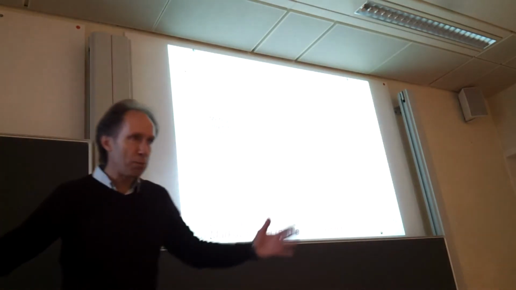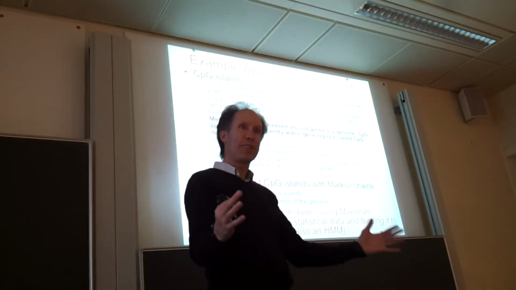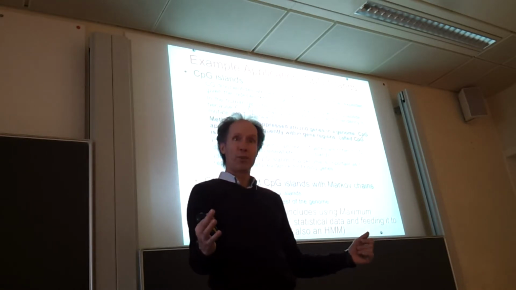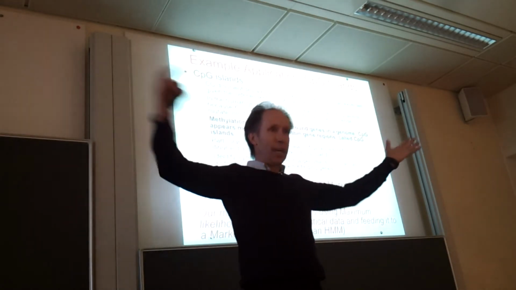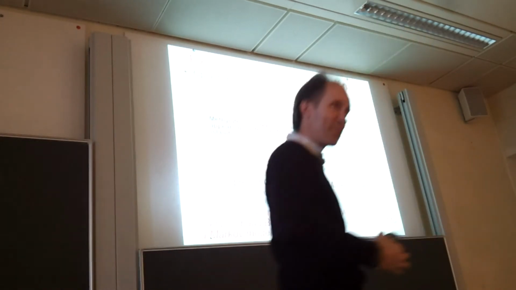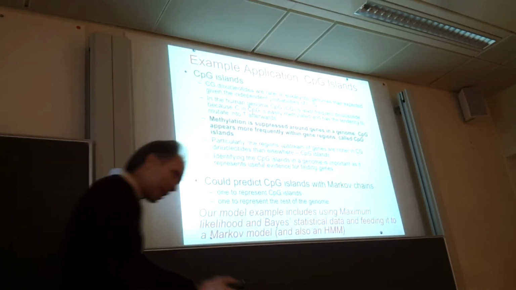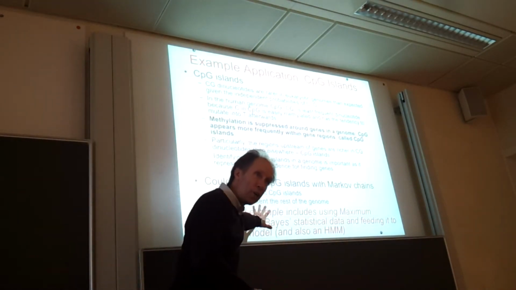There is a whole mechanism to suppress methylation in gene regions. And now the CG says, oh, I'm not methylated at all. You know what? I put in more CGs in a gene region because it's not bad. Because these are masked. So what's the observation? And that's the only thing for now you need.